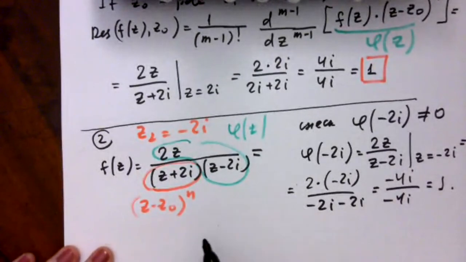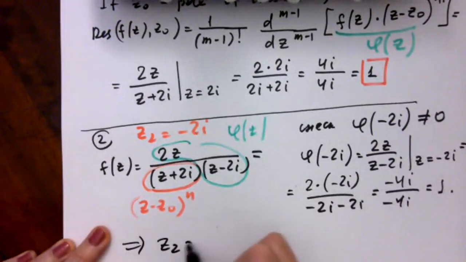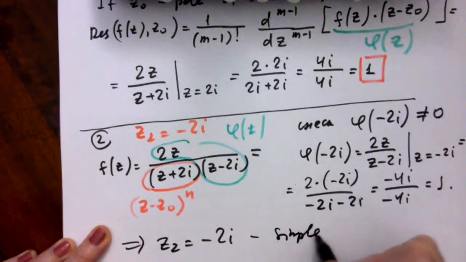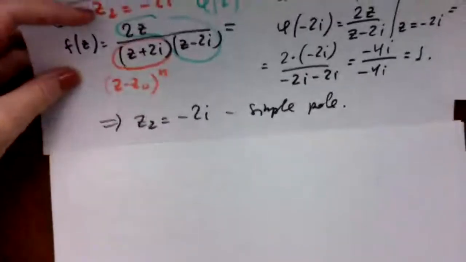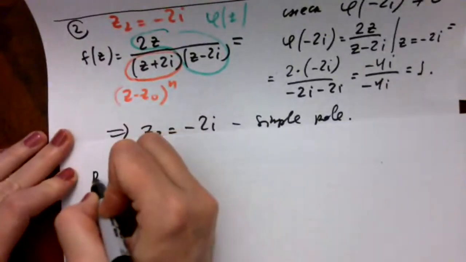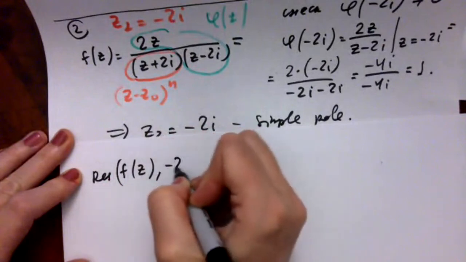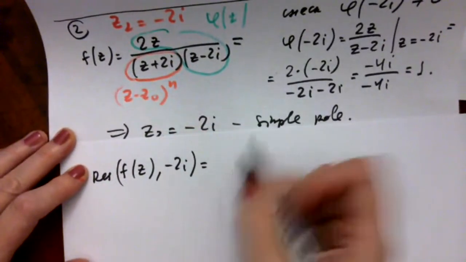So it means that it is a pole of the same order. So z2 equal to minus 2i is a simple pole again. And so we can use the same formula again, but for the different point, of course. This time I'm not going to write this whole formula. So the residue of our function f of z at the point minus 2i will be equal to what?